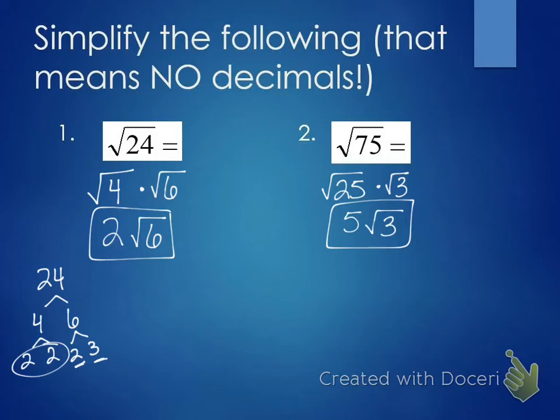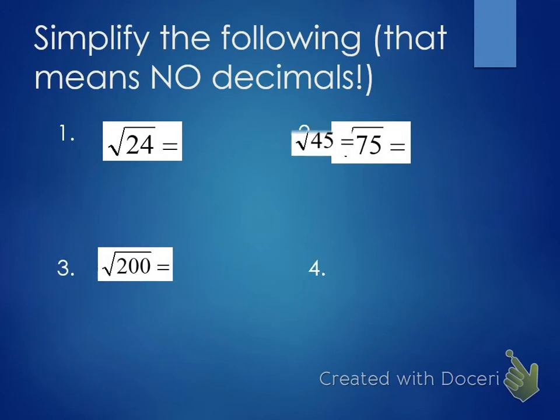Again, if you like a factor tree, go for it. Questions, concerns, need more time on 1 and 2? We'll move along then and put up 3 and 4. Go ahead and try these on your own, and we'll put up the answers in just a minute.